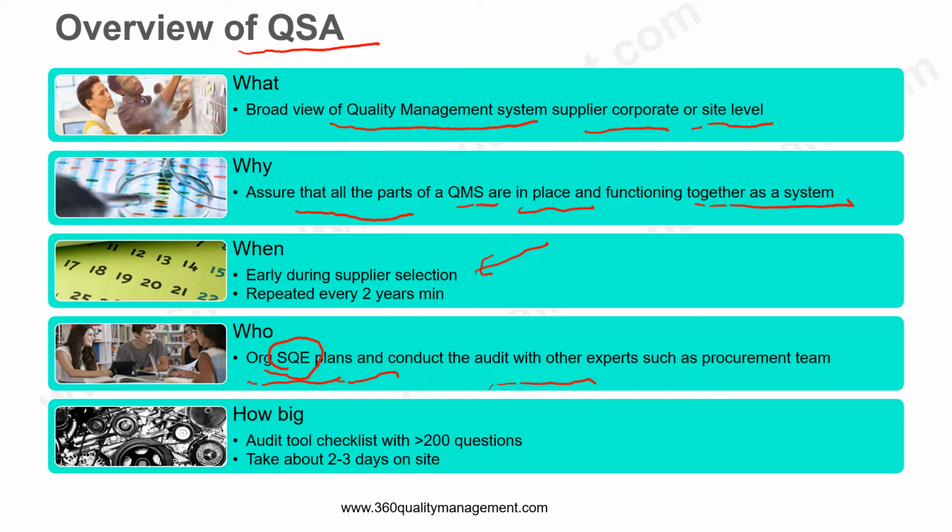And how big is the audit? It will take about 2 to 3 days. Normally, the audit checklist should consist of more than 200 questions, which cover the elements of the quality management system.